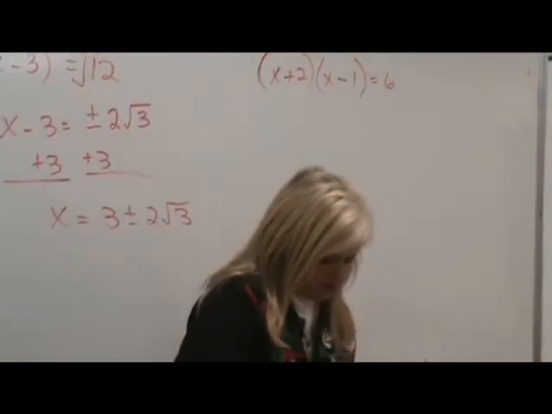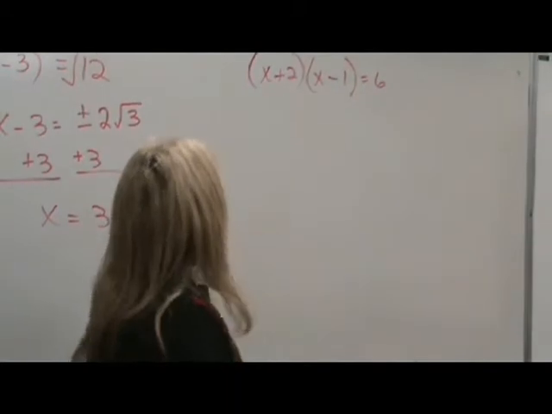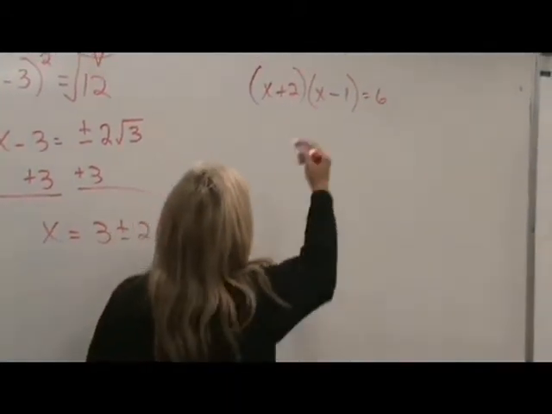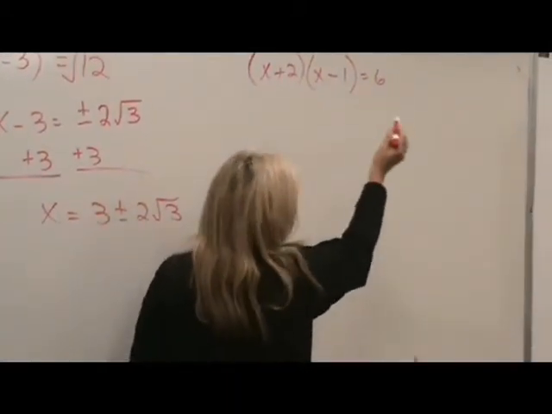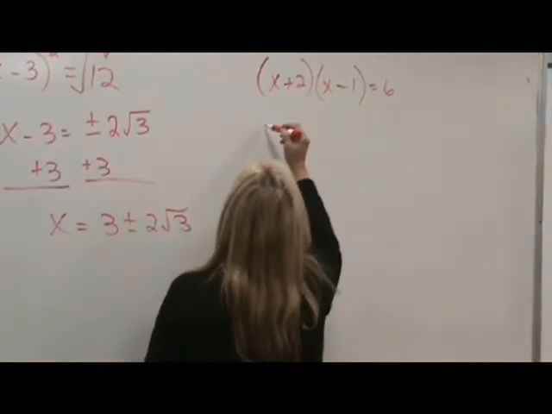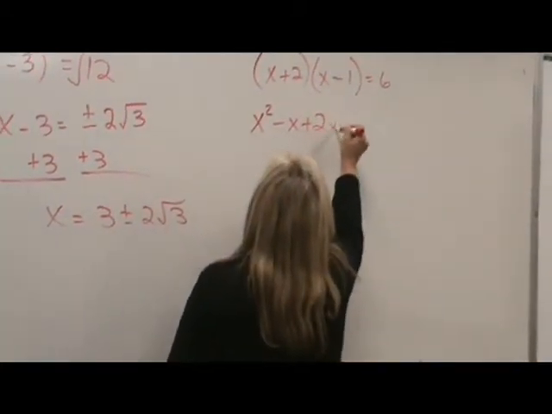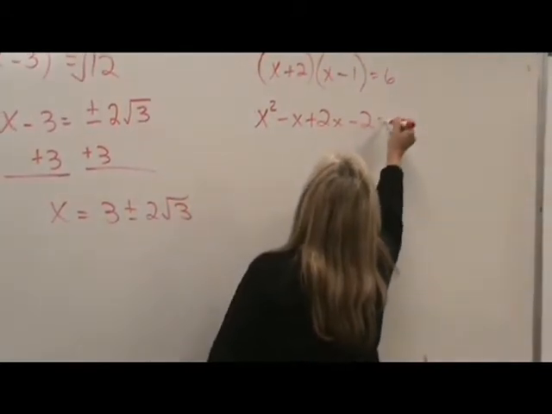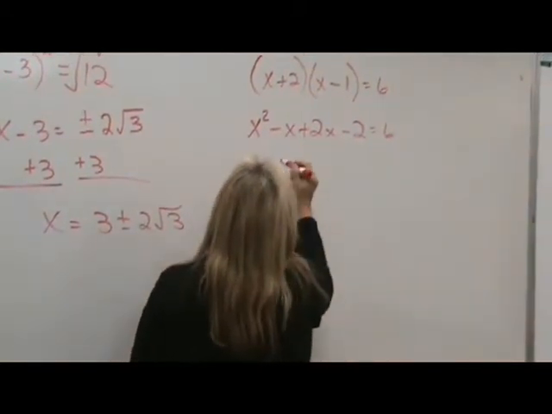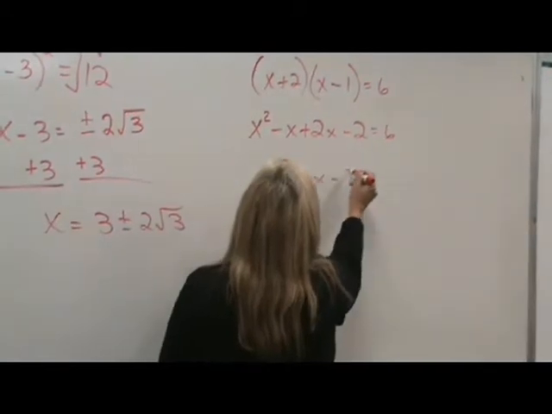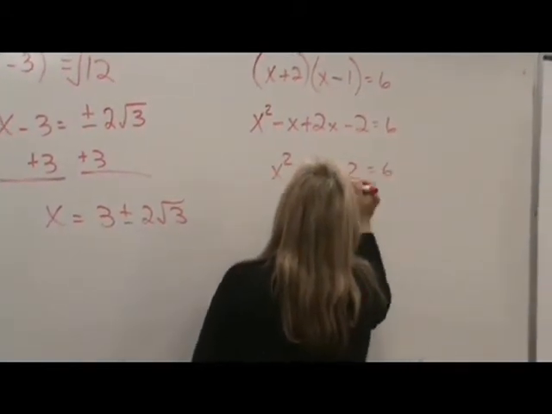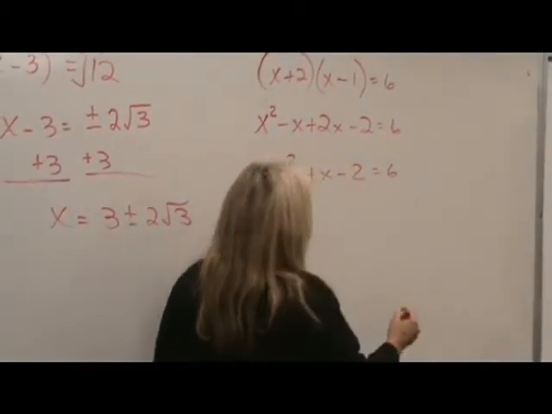You have to factor it out, or multiply it out, however you do it, FOIL or whatever. So you'd have x squared, most students do FOIL, minus 2 equals 6. So we'd have x squared plus x minus 2 equals 6, and then subtract 6.